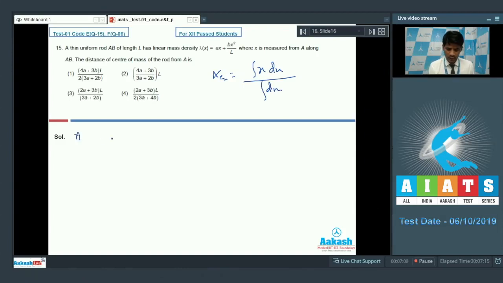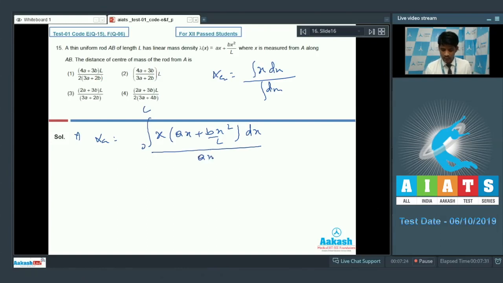So let's proceed with the integral here. For x dm, dm being lambda into dx, it is (ax plus bx^2 by L) dx. This integration has to be performed from 0 to L, and again here for dm, that means (ax plus bx^2 by L) dx from 0 to L.